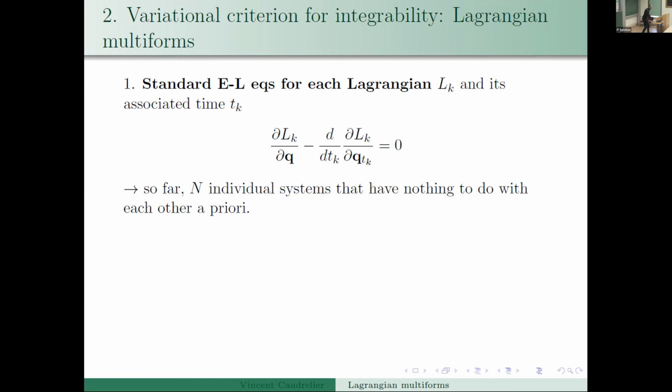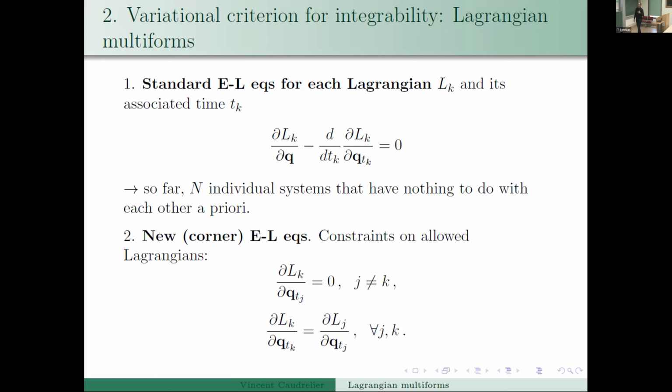And that's the second set of equations, which traditionally are called corner equations because in a discrete setting, they come from cubes. And now these ones are the new key ingredients. They control the structures of your allowed Lagrangians.